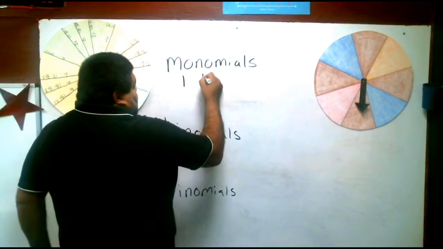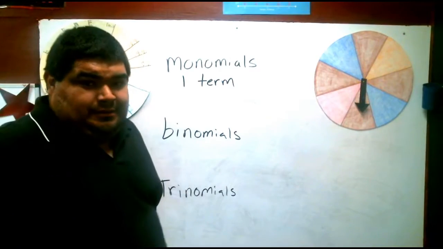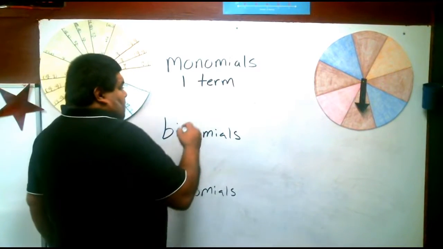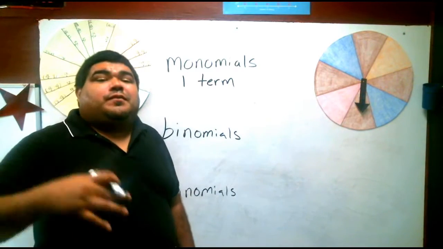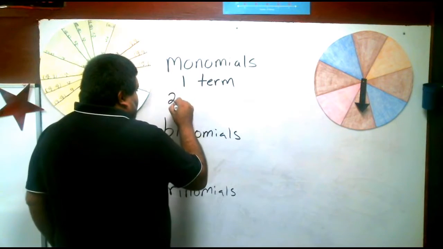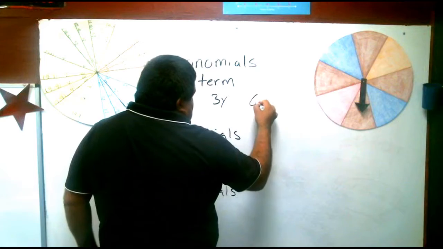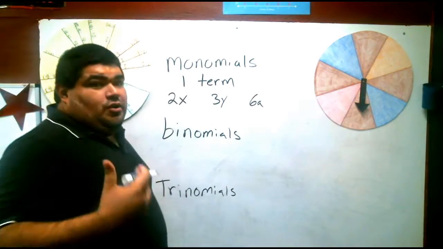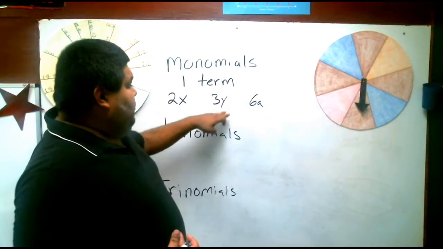Meaning you have a number with a variable that's considered a term. So you might have 2x, 3y, 6a. Those are all terms, each one of them. So that's a monomial.